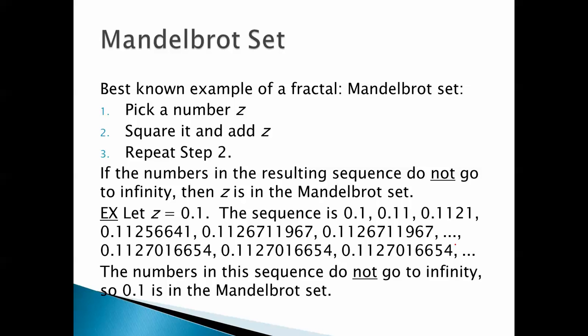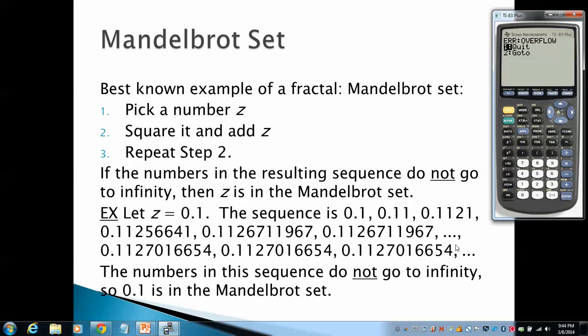Now let's pick the number 0.1. Check out what happens. So overflow, okay, we quit. That's fine. Now what happens with 0.1? So we have 0.1. Okay, and then we square that. So we want answer squared plus 0.1.